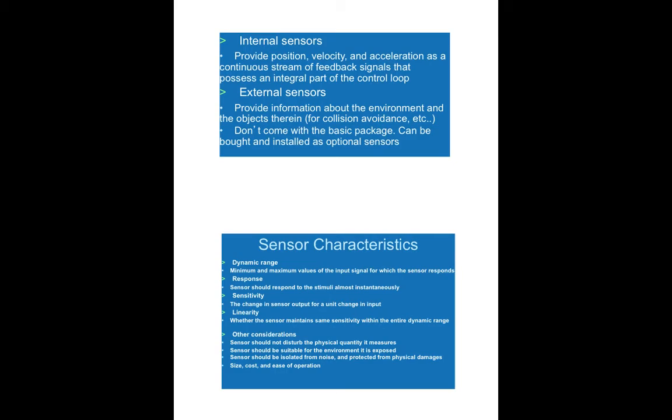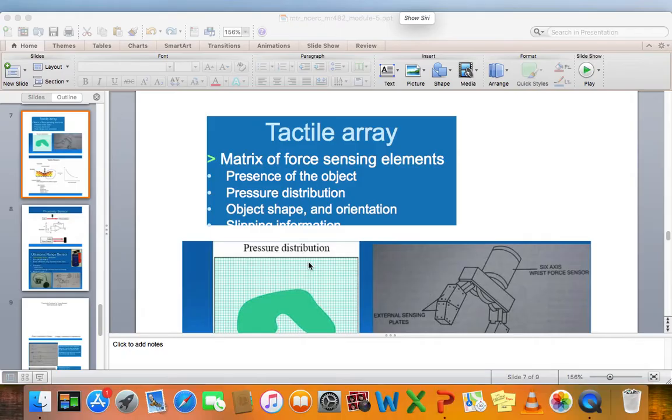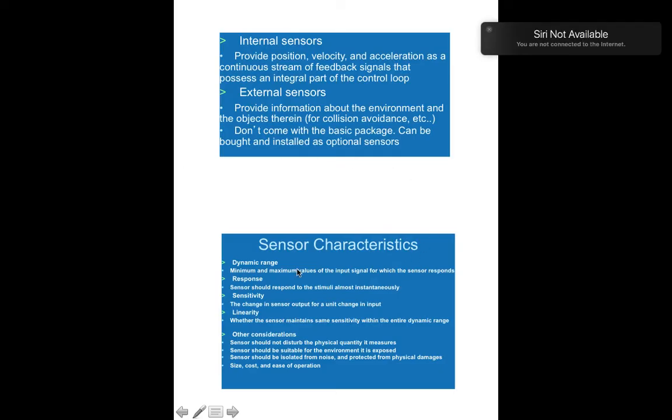The first characteristic is the dynamic range. Dynamic range is the minimum and maximum value of the input signal for which the sensor responds.